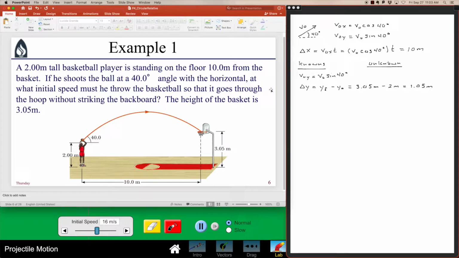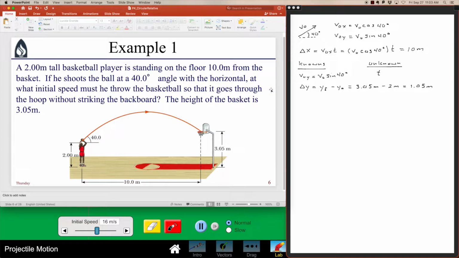It's here in the x direction, here in the y direction. But I can't solve this equation for V naught because I don't know time. I don't know what t is. So I think what I should do is let my unknown for the moment be time. Because if I can solve for time using my y equations, or get some equation for time in terms of y, then I can plug it into my x equation and then hopefully be able to solve for V naught, or vice versa.